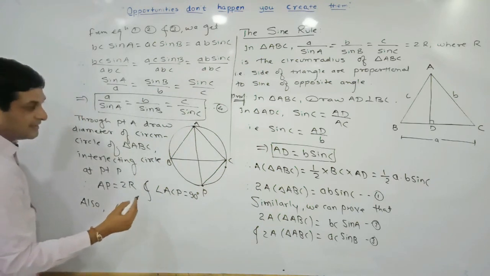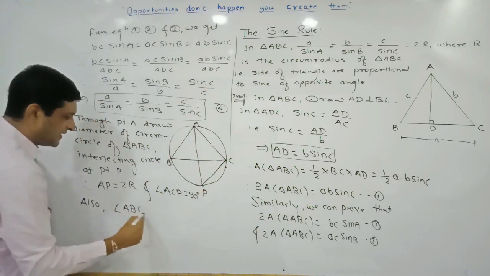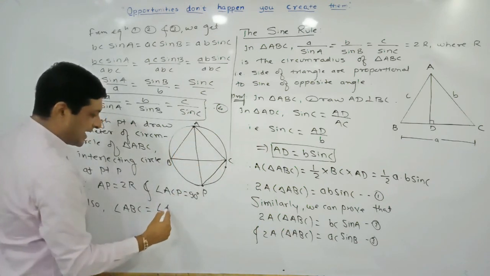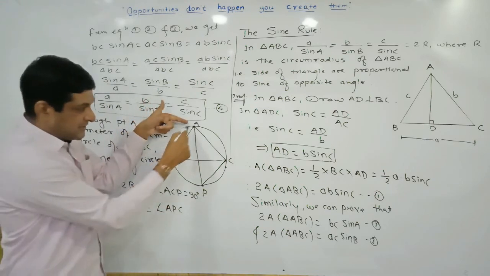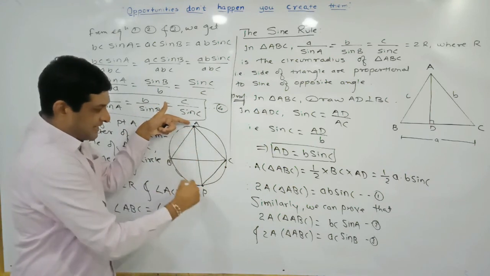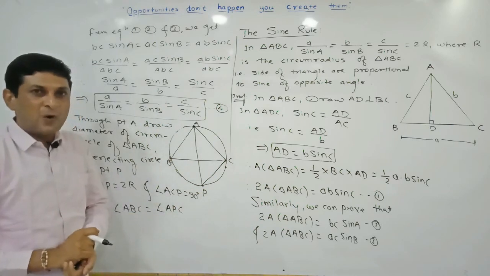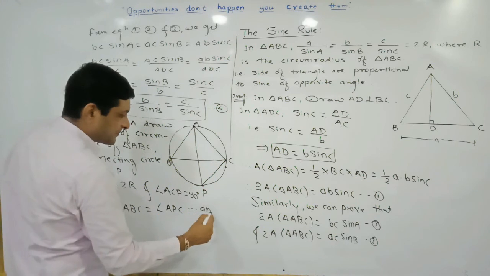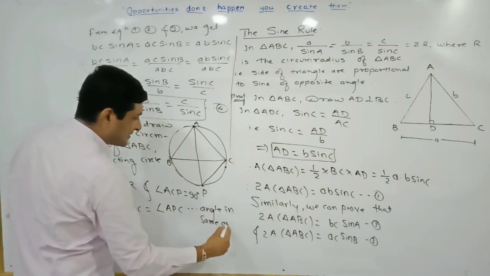Also we can observe that angle ABC is equal to angle APC. Why can we say that these two angles are equal? Observe, angle ABC and angle APC are inscribed in the same arc, and angles in the same arc are of equal measure.